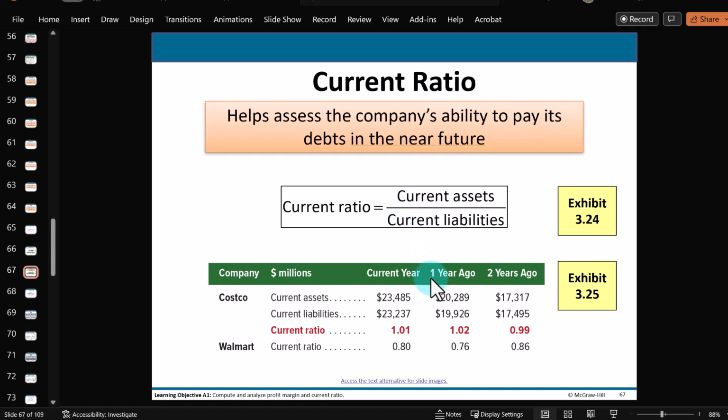But for most other companies, smaller companies, where cash coming in will fluctuate, probably you want a higher current ratio, something like $1.50 of current assets for every $1 of current liabilities. Again, it depends, but you don't want to have it too big. That means you have too much current assets. You don't want to have it too small because that means you may not have enough funds to pay off your current liabilities that are going to be coming due soon.